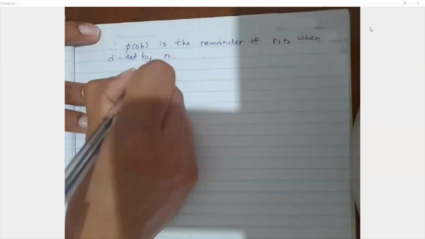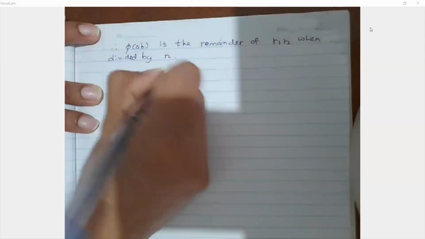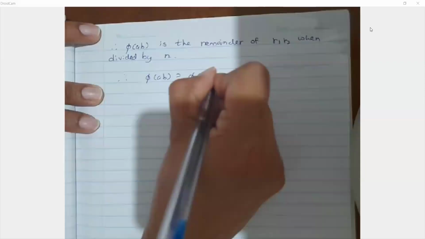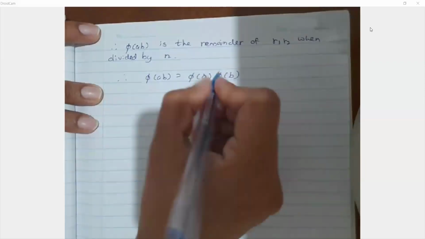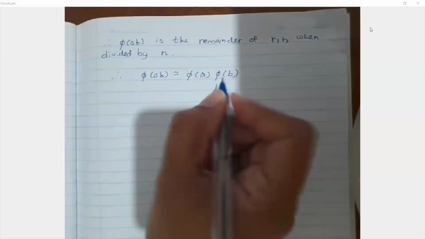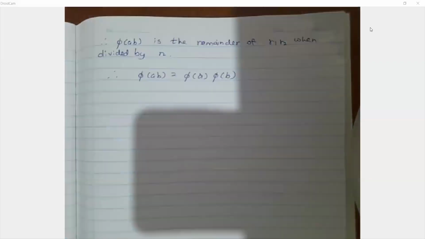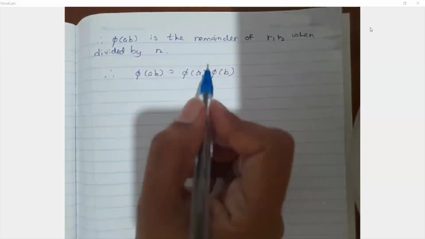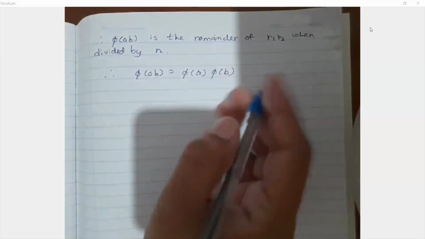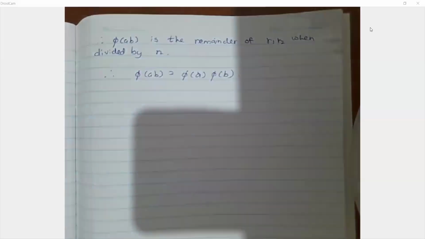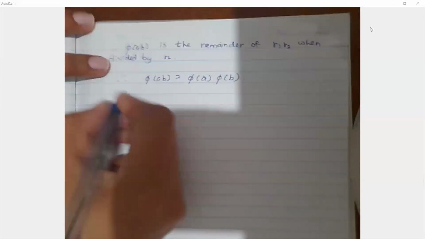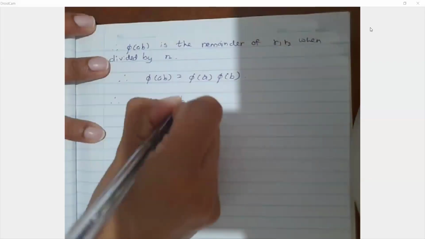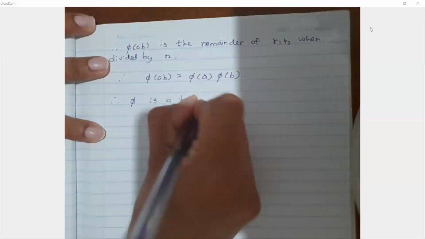Therefore, by definition, we have phi of AB equal to phi of A times phi of B. We don't have to put multiplication modulo n because we understand when you write this product, we are referring to the multiplication that's defined on Zn. Both conditions are satisfied. Therefore, we know that phi is a ring homomorphism. I will put simply homomorphism.